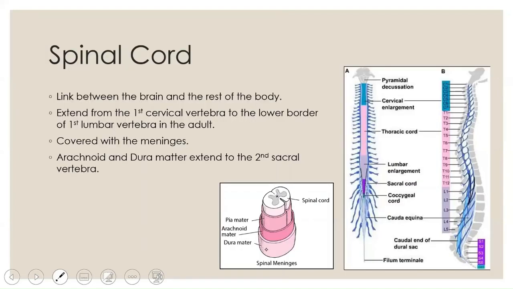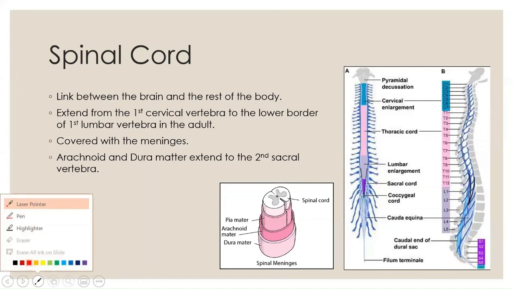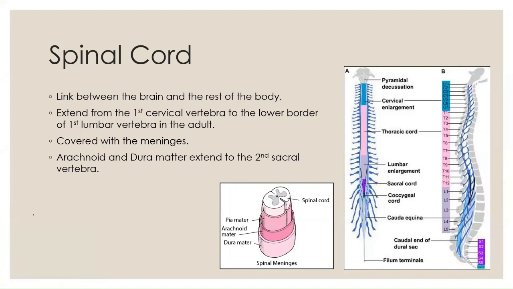So here, if you take the spinal cord, I told you that it extends only to the first lumbar vertebrae. If we take the different vertebrae, the spinal nerves emerge from in between these vertebrae. Okay?